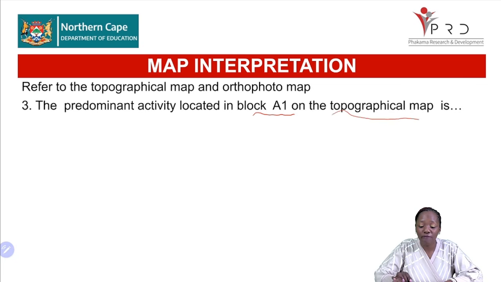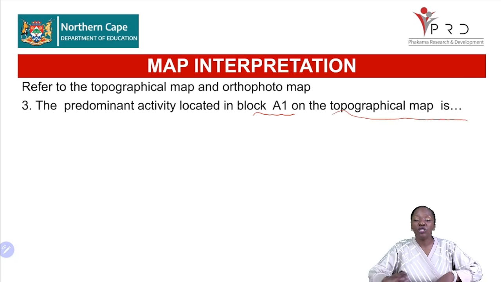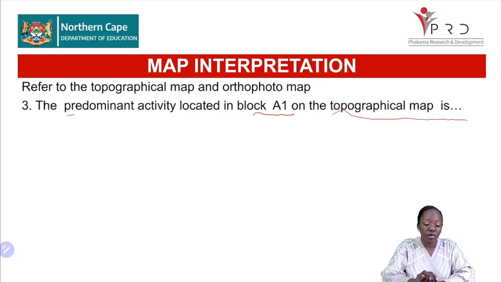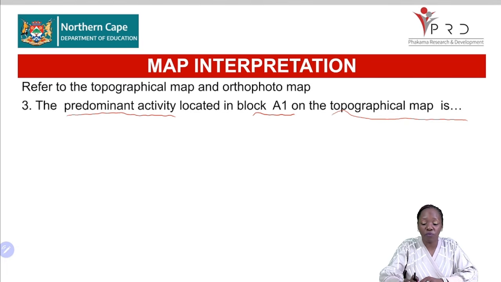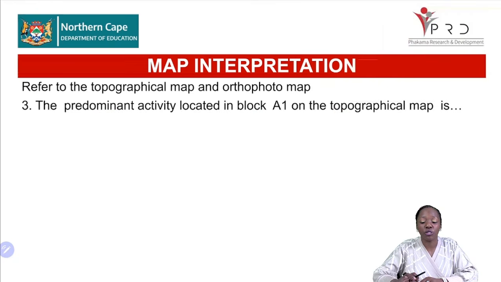The topographical map. So each and every one of you goes to your map and checks your topographical map. What are you checking? You are checking block A1. We are checking the predominant activities, which is the main activity in that area. So again, I'm giving you 2 minutes, and then after 2 minutes we proceed with the correction.